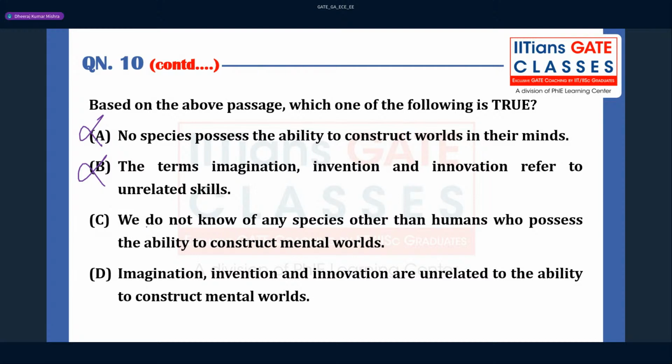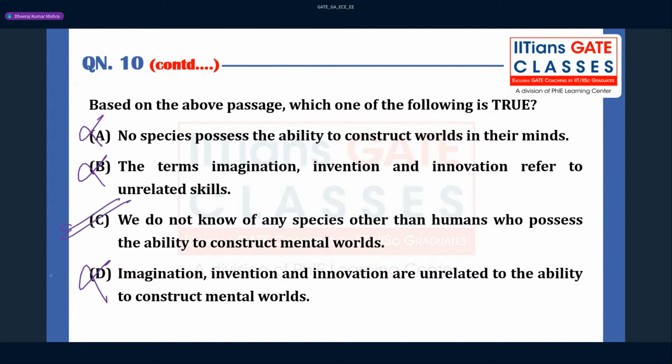I hope this makes sense. We do not know of any species other than the human who possesses the ability to construct mental worlds. Understood? The imagination, invention, innovation are unrelated. This is wrong. So option C will be correct, guys.